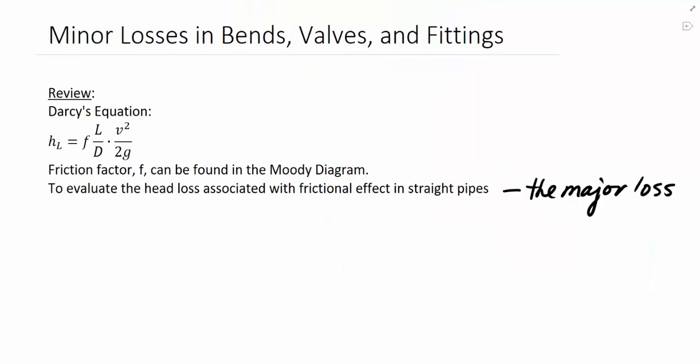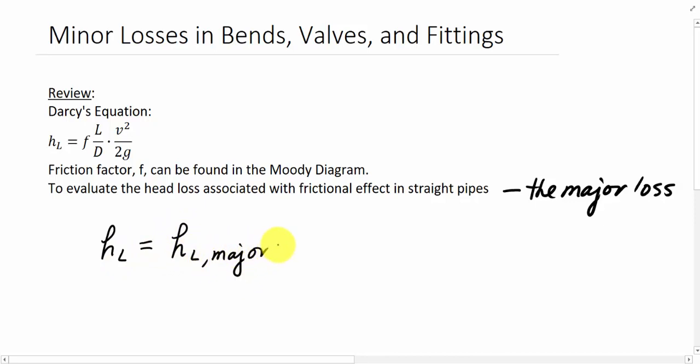So therefore, the overall head loss, HL, has two parts. It's the major loss, we call it HL major, and the minor loss, we call it HL minor.